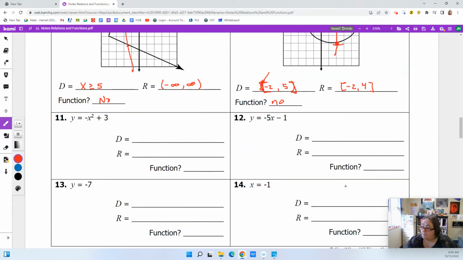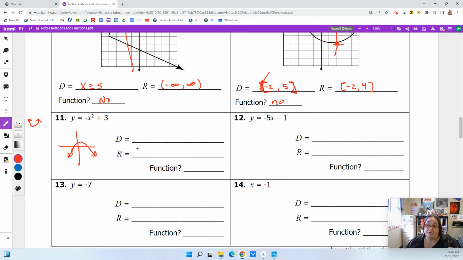Our other method that we're looking at is with equations and whether or not they can be functions. A lot of times you have to just kind of look at something like that. First of all, I have minus x squared plus 3. There's a couple things I know about that. If you don't know what the graph of this looks like, use a graphing calculator online, plug in the equation, right? But I know anything with an x squared has a parabola graph, right? In this case, it's a negative x squared. So if I graphed it, it would look something like this, right? It would be a U forever and ever.